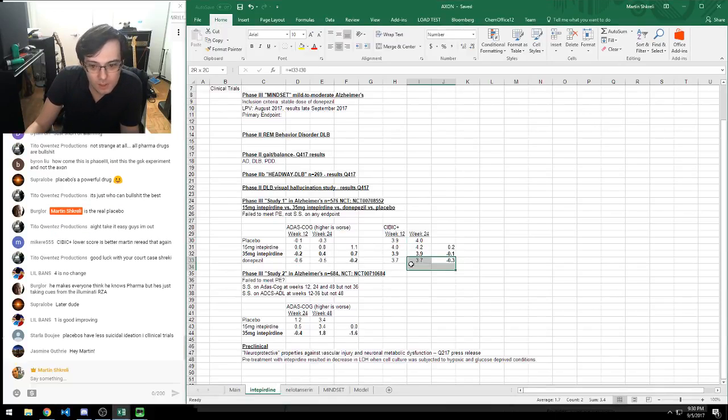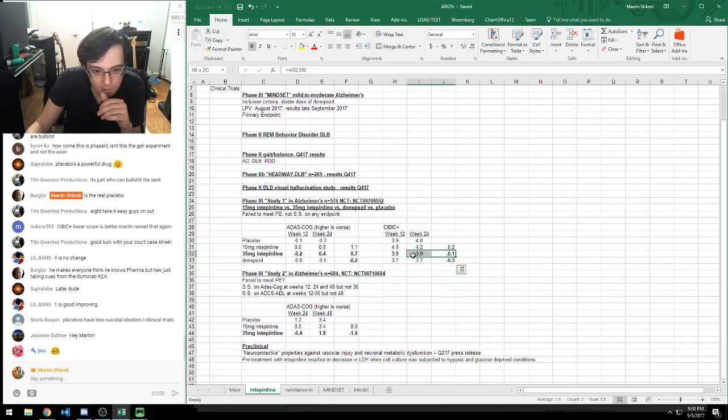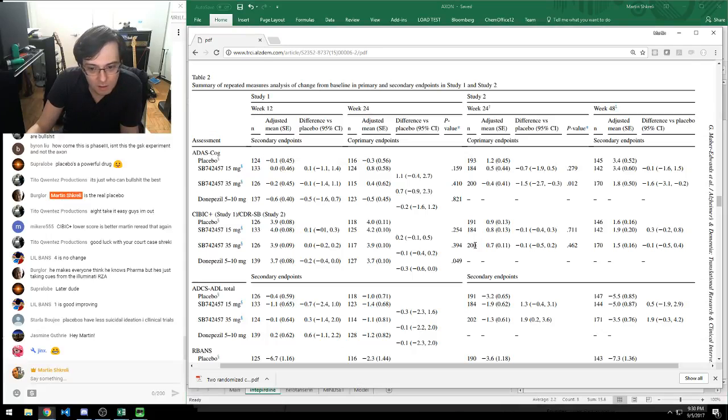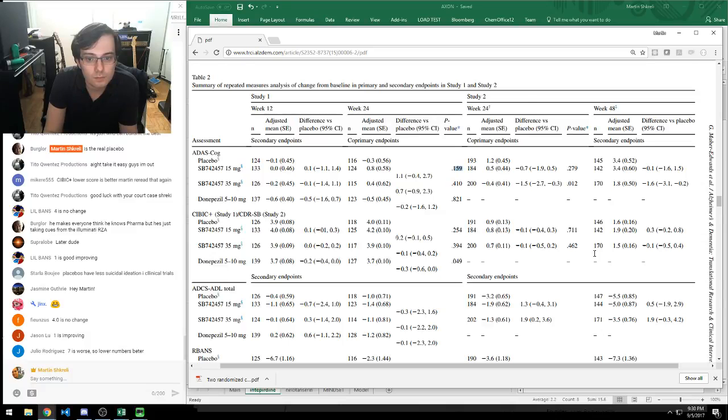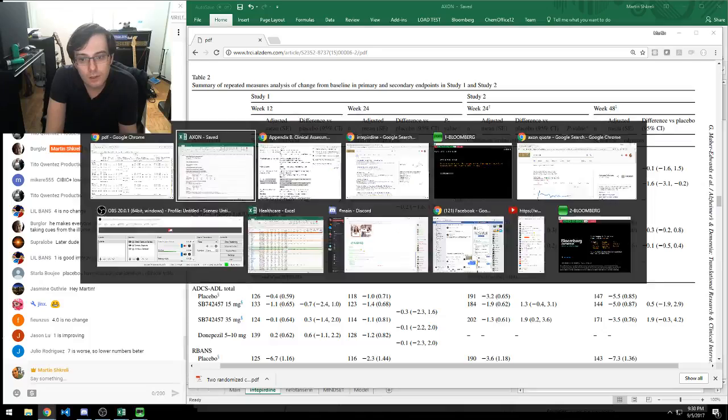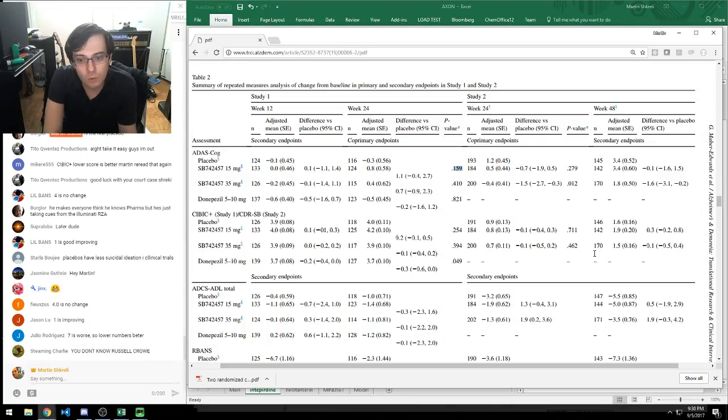Either way, you can see donepezil seems to be outperforming intepridine, but really tough to tell, and the p-values are bad. So let's take some of these p-values down as well. So this was almost statistically significantly worse.